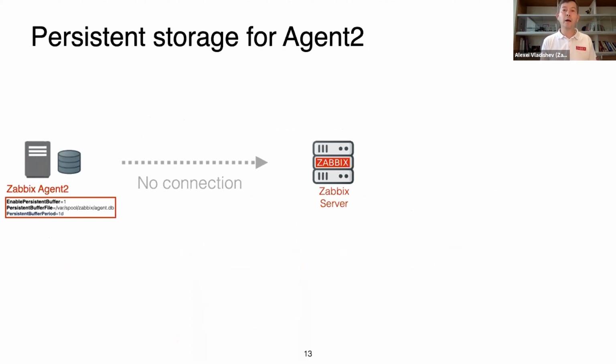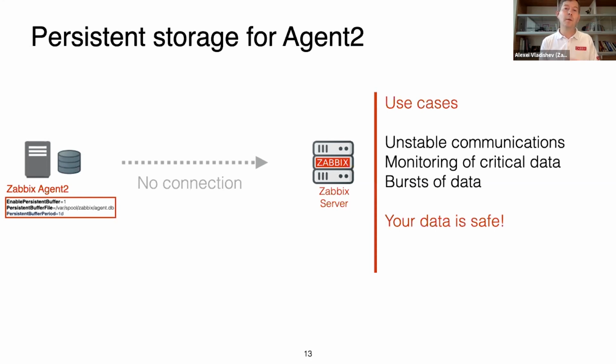And then when communication is back, it just sends data to Zabbix server or to Zabbix proxy. And of course, it's very useful if you have cases with unstable communications. You want to be 100% sure that your critical data is not lost and it's getting delivered to Zabbix server for processing.